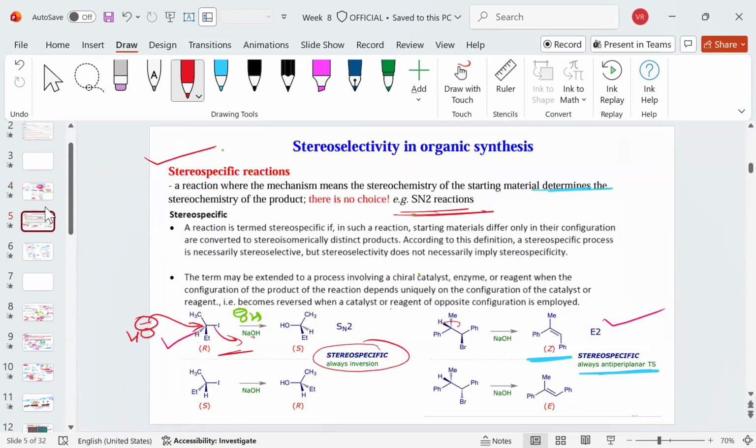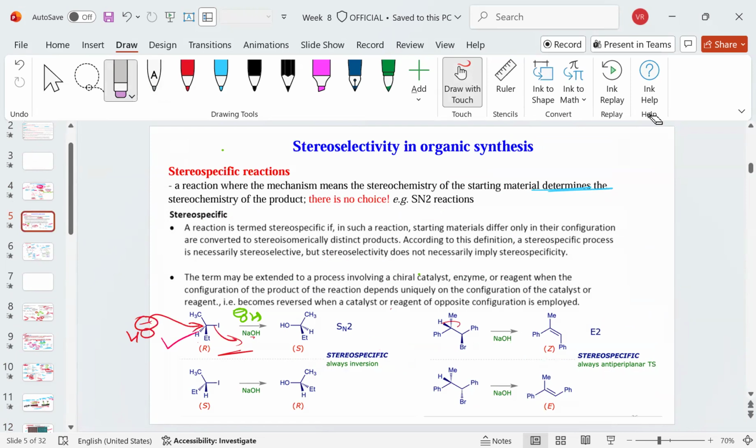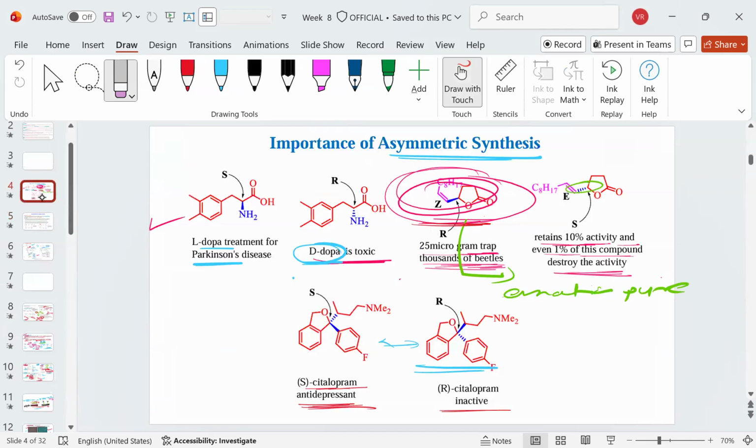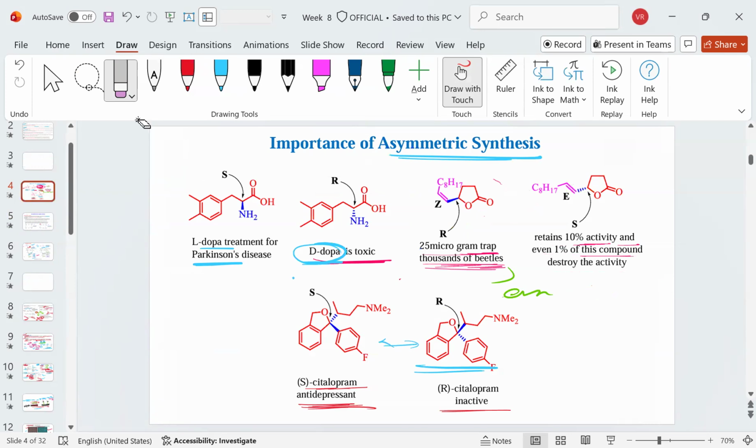Okay, after that, we'll again go over it, because this is somewhat complicated. It is very common to face difficulty in understanding asymmetric synthesis. So why is asymmetric synthesis important? Before studying, we need to know why we are studying it.